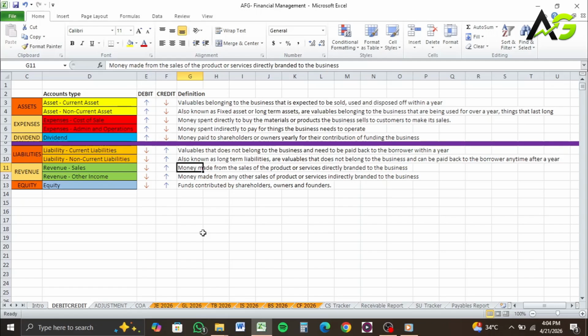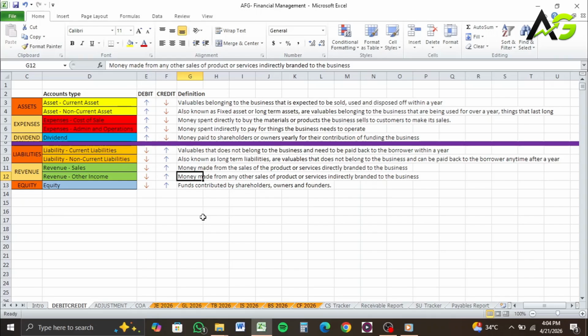When they sell those, the money that they collect from the customers is called sales. But other income is money made from other sales of products or services indirectly branded to the business, money that is not branded to the business, basically.